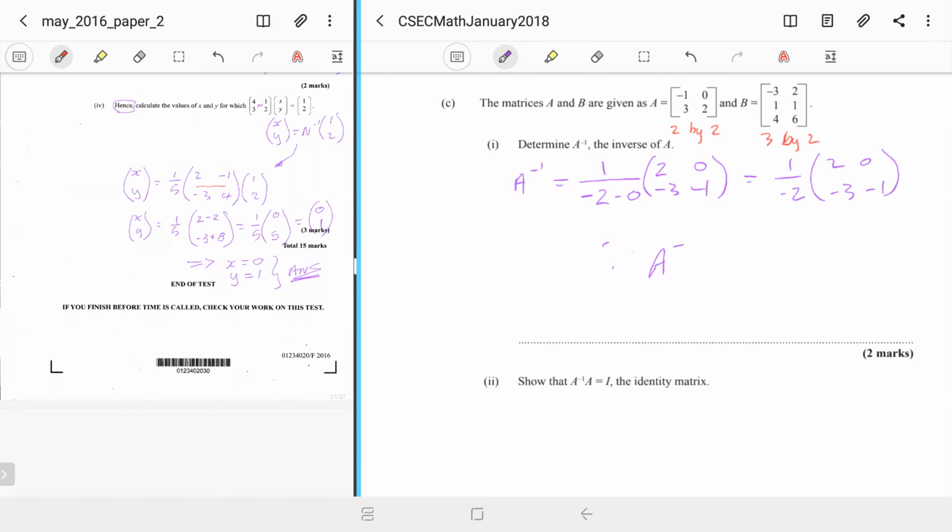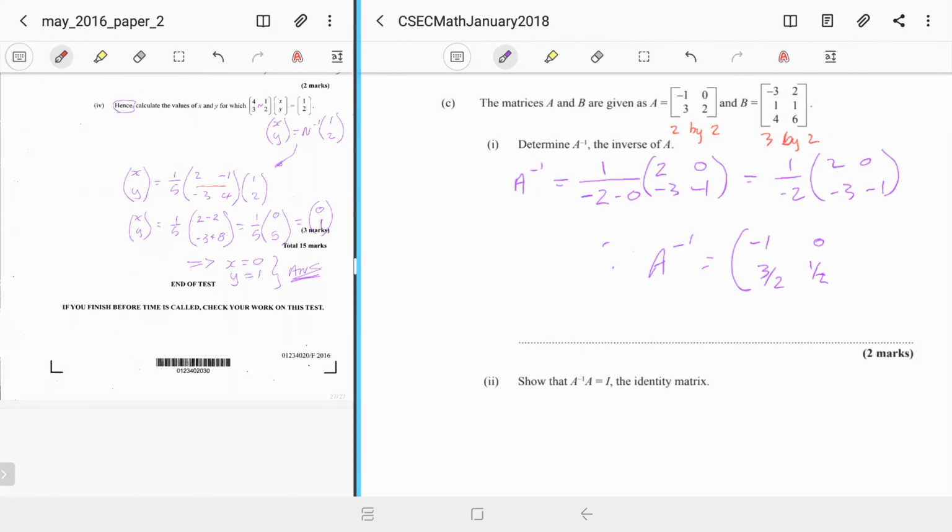Therefore, A to the -1 equals -1, 0, and 3 over 2. I can put 1.5 because the negatives cancel. And this negative cancels again, so I get 0.5 or a half.